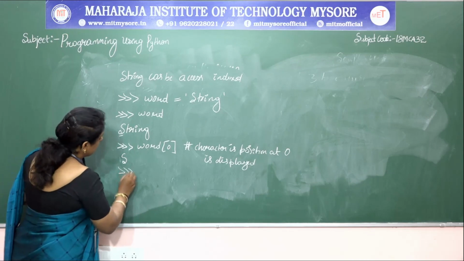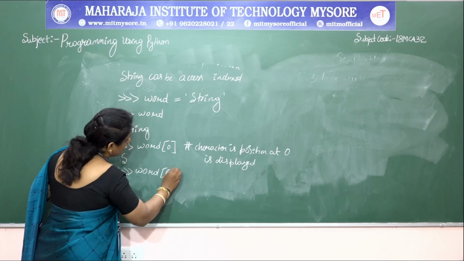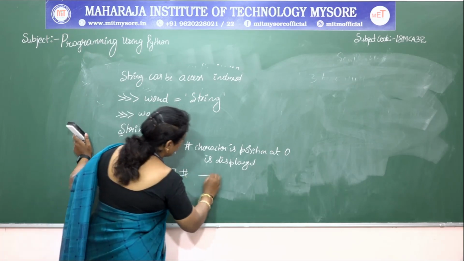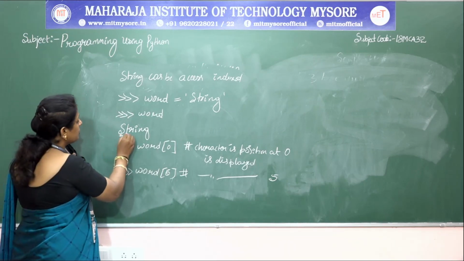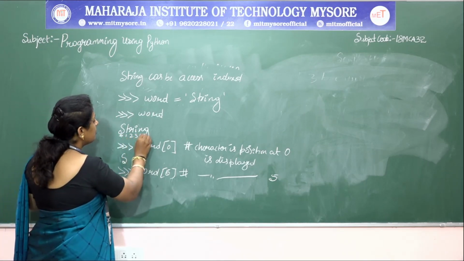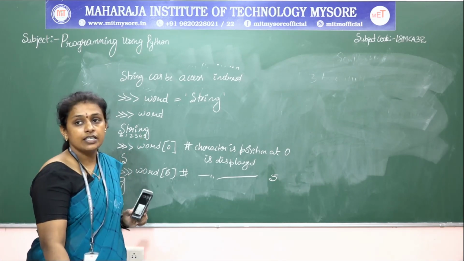Like that, if I write word of 5, it is going to display the character at position 5. The positions are 0, 1, 2, 3, 4, 5, so G will get printed on your screen.